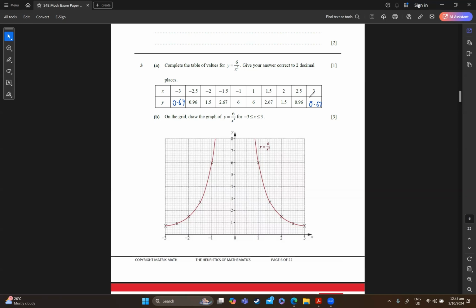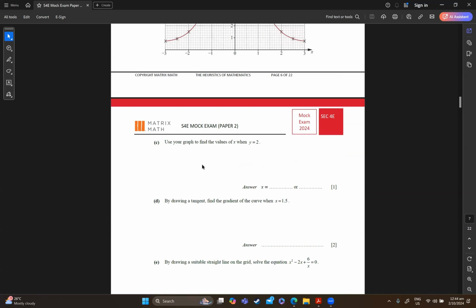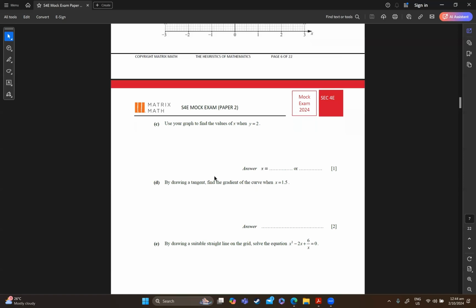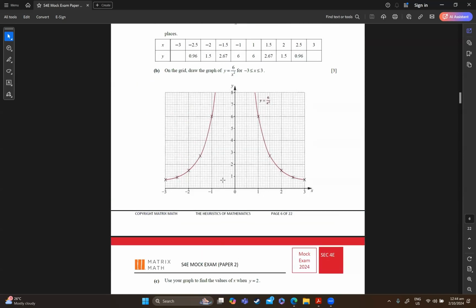Okay. Next one for 3c. Use a graph to find the values of x when y equals 2. Okay, so when y equals 2, just draw a straight line here, and then read off your two values here.